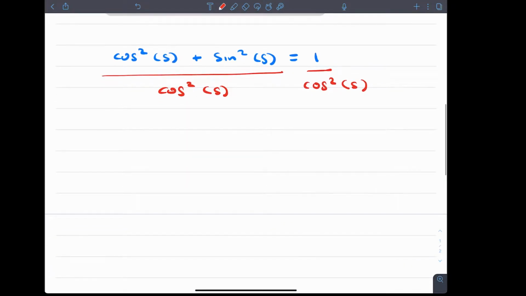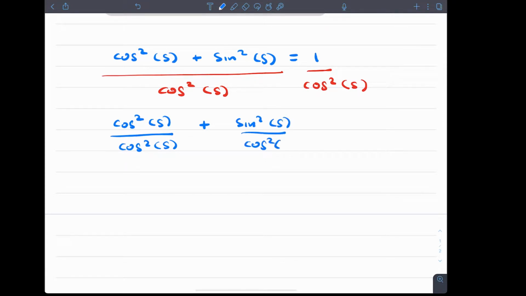So these are the Pythagorean identities. Now on the left side, I have a sum, which means cosine squared s divided by cosine squared s plus sine squared s over cosine squared s equals 1 over cosine squared s. Okay?